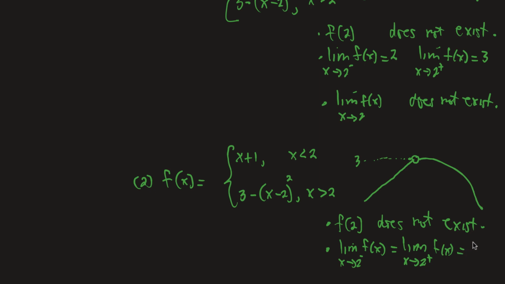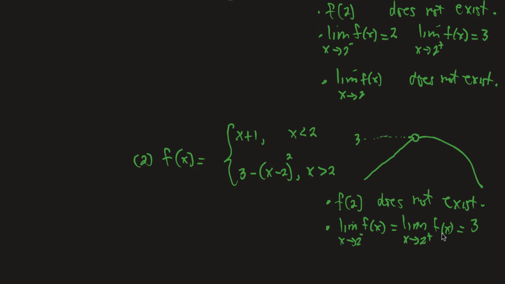They would both be equal to 3, right? So this changes, and that also affects our two-sided limit. Our last conclusion is that the limit as x approaches 2, the two-sided limit of this function, is also equal to 3, because now the two one-sided limits are the same value, right?